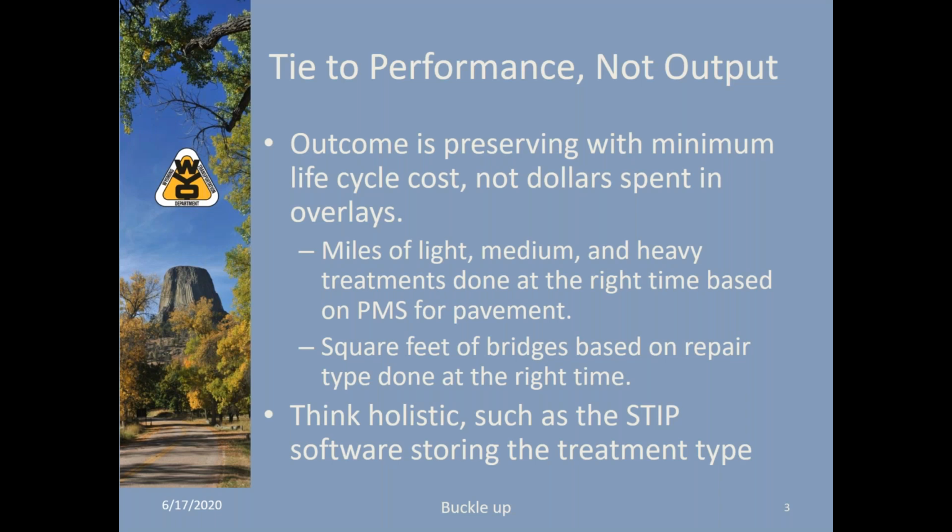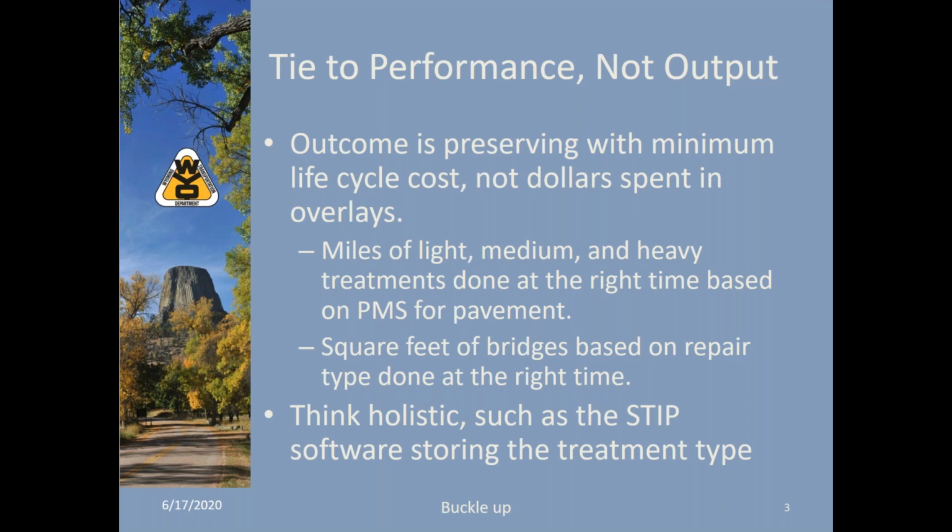For example, that last bullet, think holistic. Our STIP software, we actually record in every single project the asset categories. And we break it down into the 1S, 2S, 3S treatment. How many miles did that actually achieve? The same with bridge. We're about to roll out safety and the treatment types there.